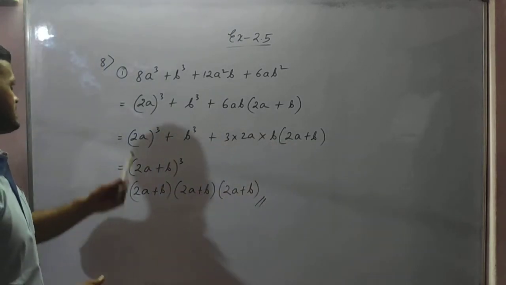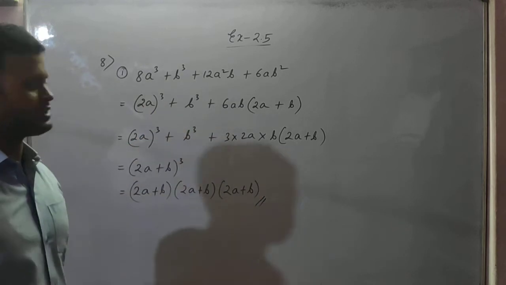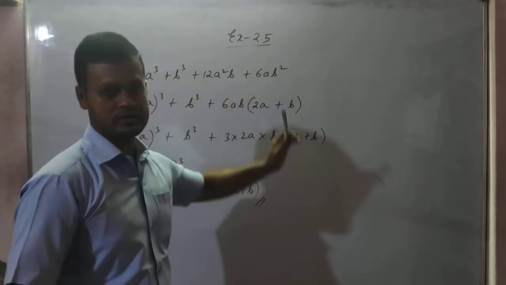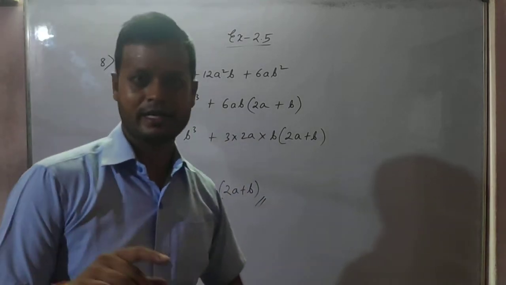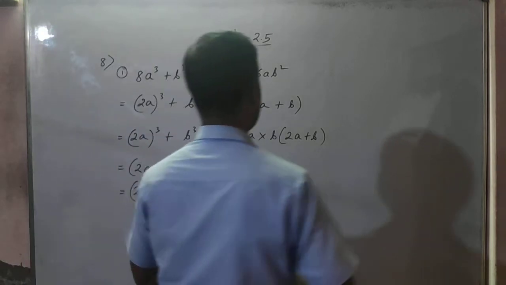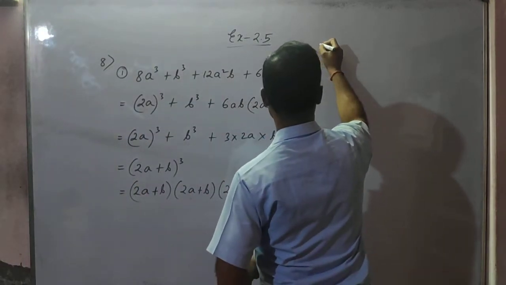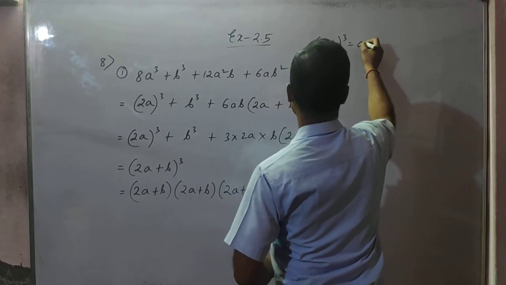So we have to factorize this. I saw that here 8a cube is there, here plus b cube is there, and there a square b and ab square. By looking at the question only, I got the hint that here we will have to form the a plus b whole cube formula. Which formula am I using here, friends? So a plus b whole cube is equal to a cube.